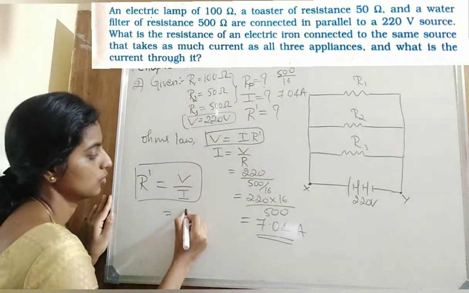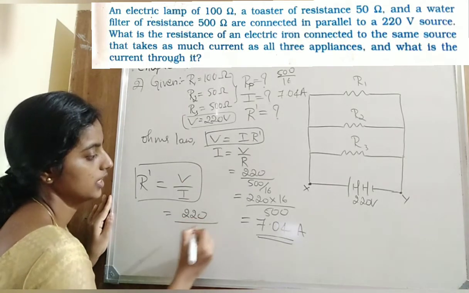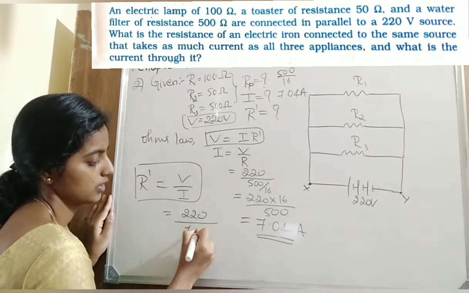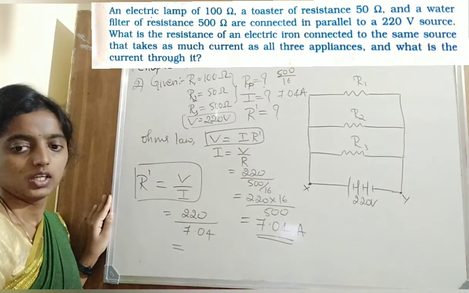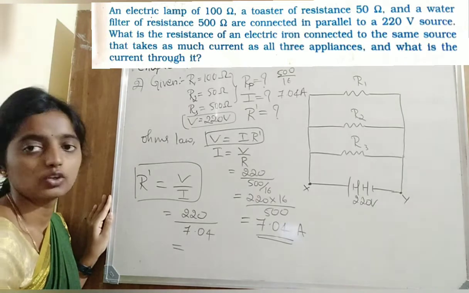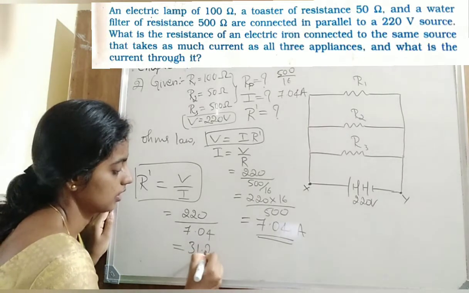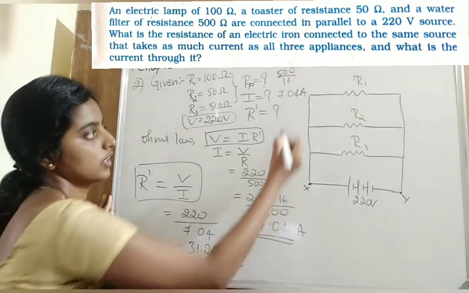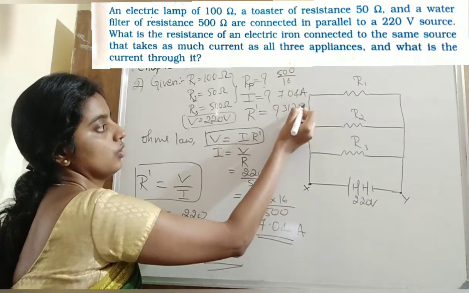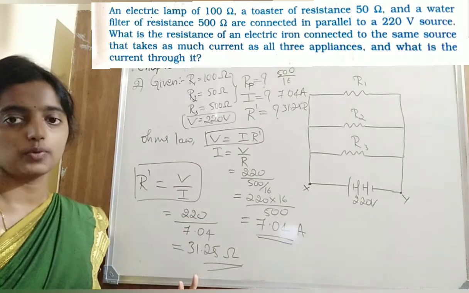V is what? 220. I is 7.04, and calculate, we'll get 31.25 ohm as the answer. 31.25 ohm.